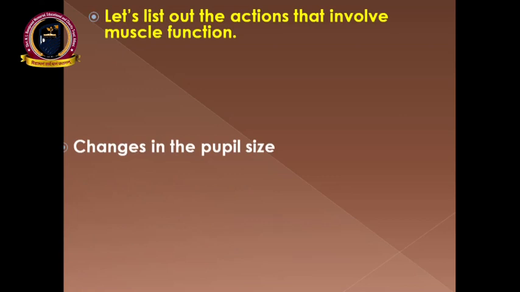Changes in the pupil size. As you have studied in the topic on eyes, the pupil becomes narrower or wider as per the requirement when we are focusing on some object in dim light or in bright light. The change in the pupil size is again due to the muscles in the iris, radial and circular muscles.